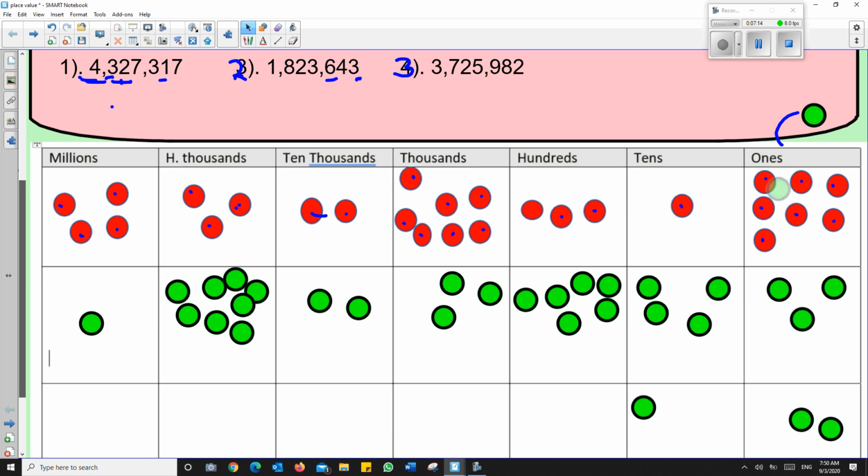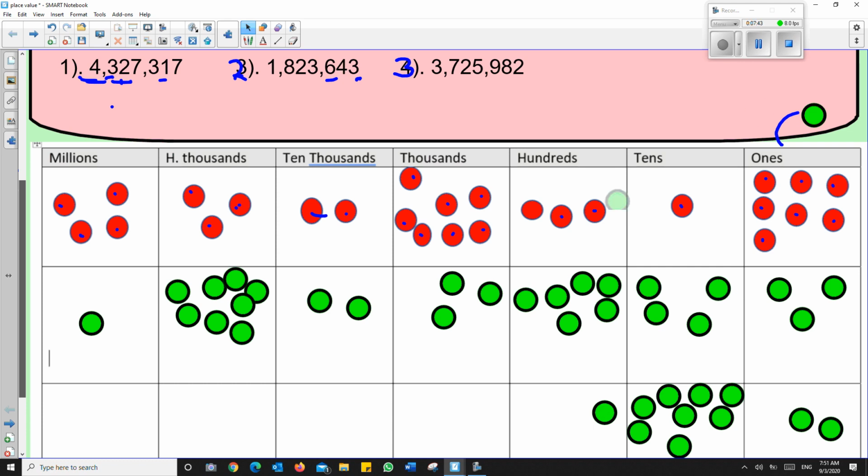In the hundreds column is digit 9, so we need to put 9 counters.